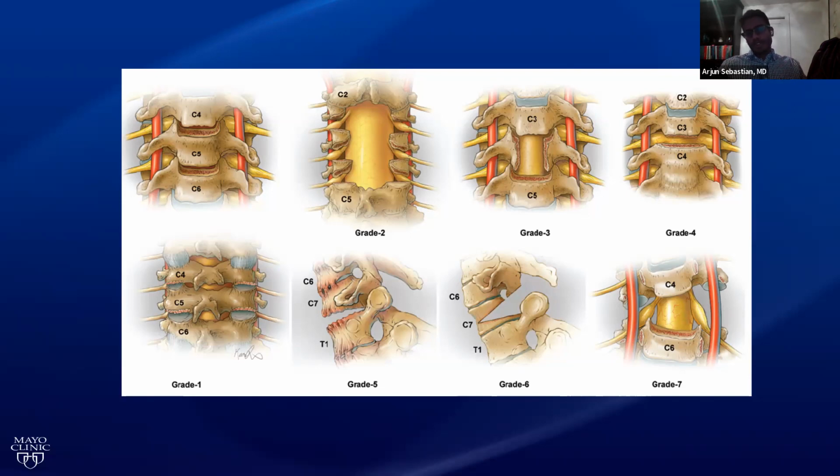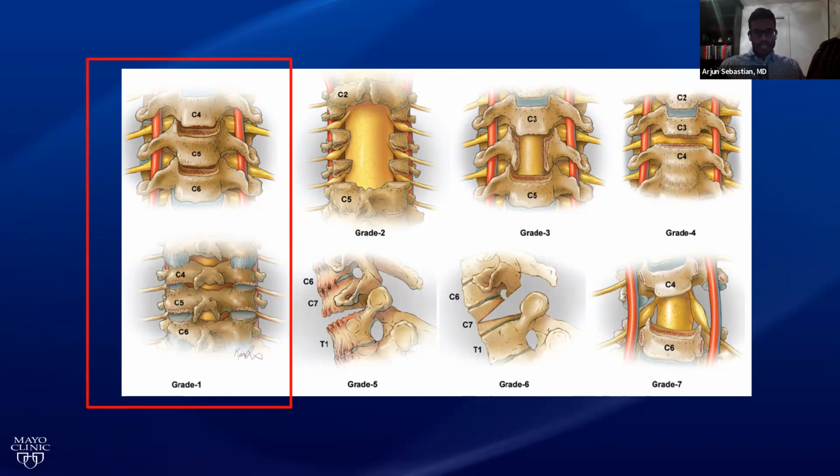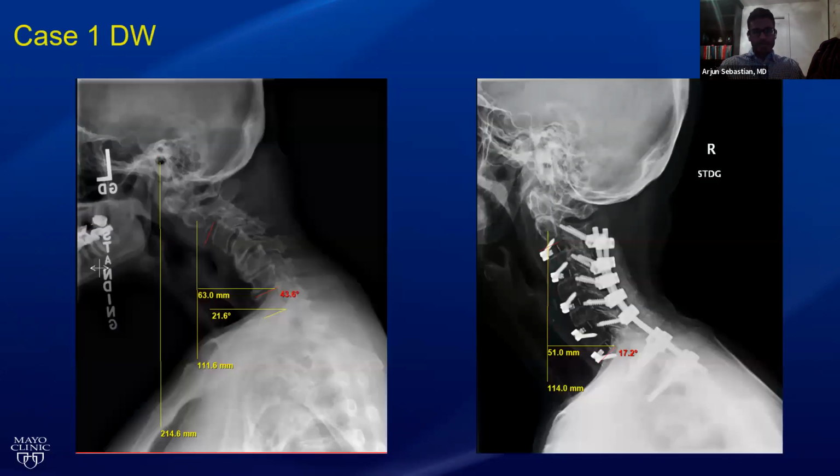Grades 5 through 7 are three-column osteotomies, with grade 5 being anterior osteoclasis, grade 6 a pedicle subtraction osteotomy, and grade 7 a vertebral column resection. And so obviously, this case fell into the grade 1 category.